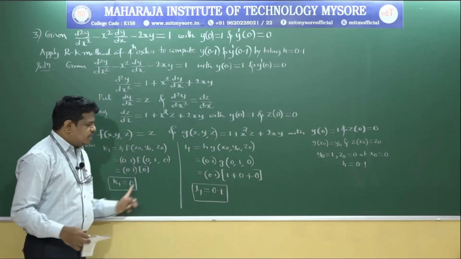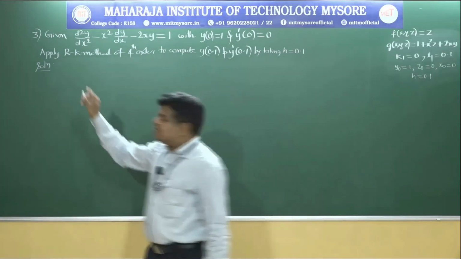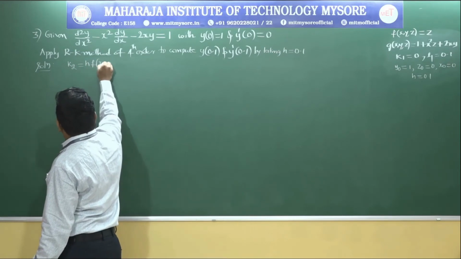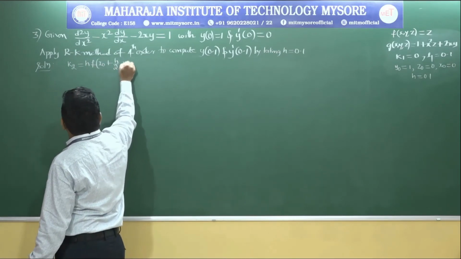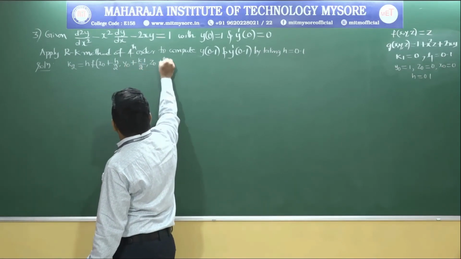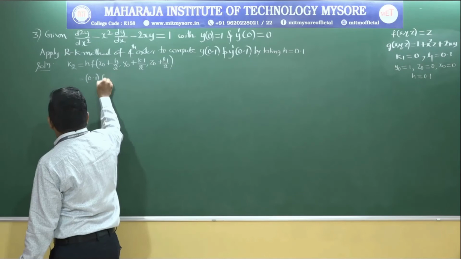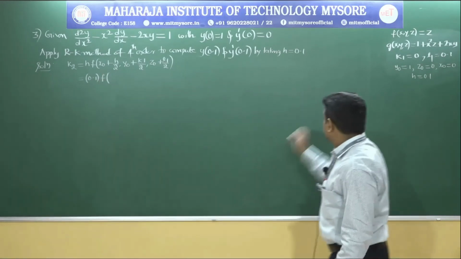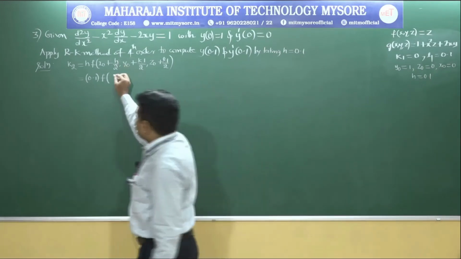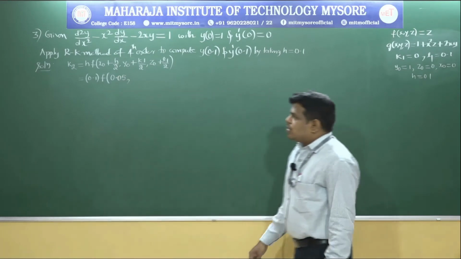Next, after computing K1 and L1, we compute K2. Now K2 is given by K2 equals h into f of x naught plus h by 2 comma y naught plus K1 by 2 comma z naught plus L1 by 2, that is equal to h value is 0.1. Next, x naught plus h by 2: x naught value is 0 and h equals 0.1, 0.1 divided by 2, you get 0.05. Next, y naught plus k1 by 2.